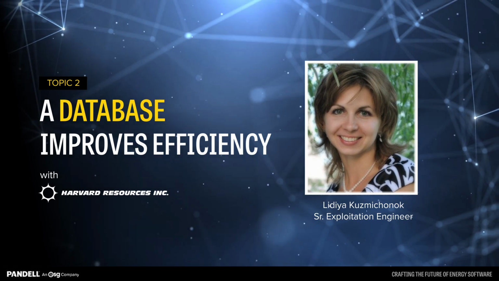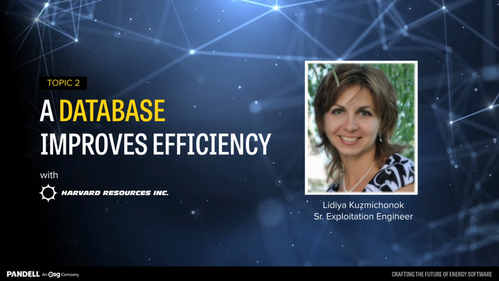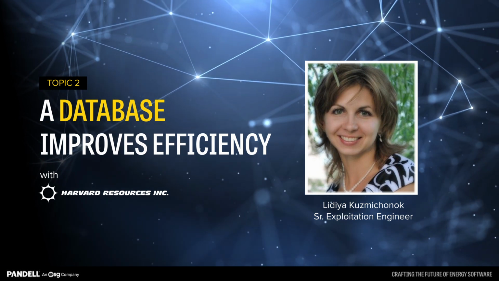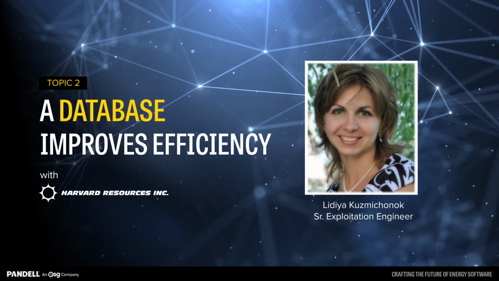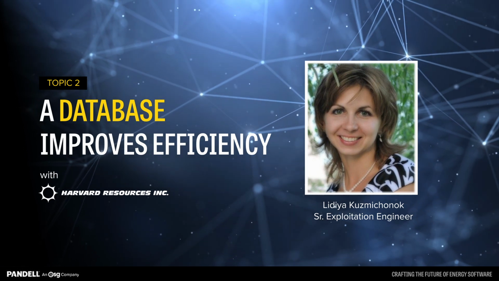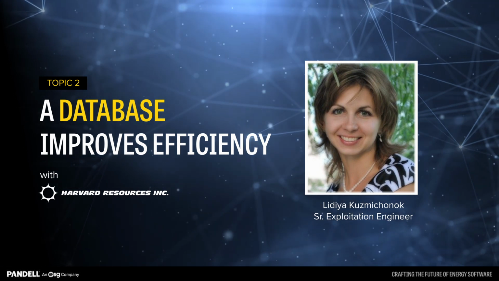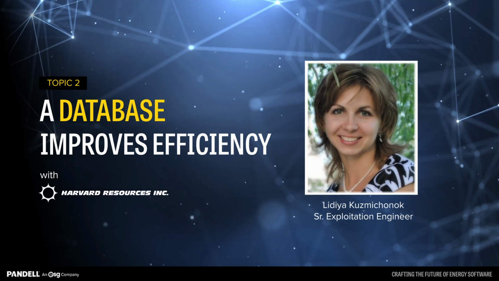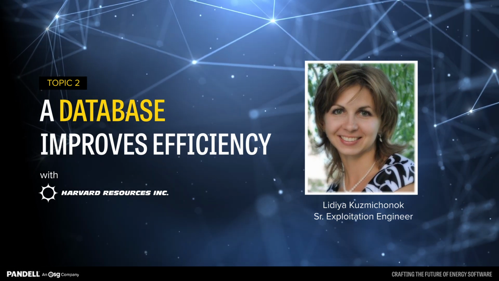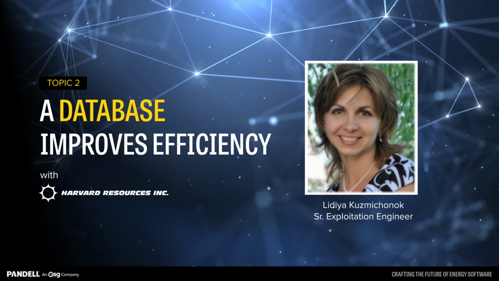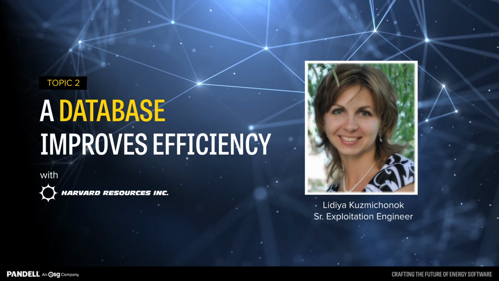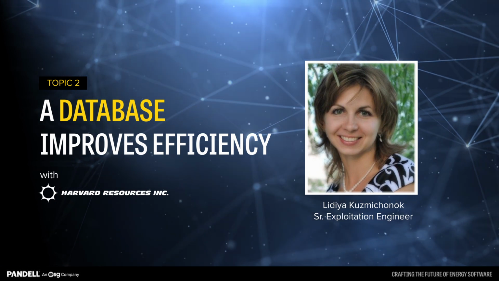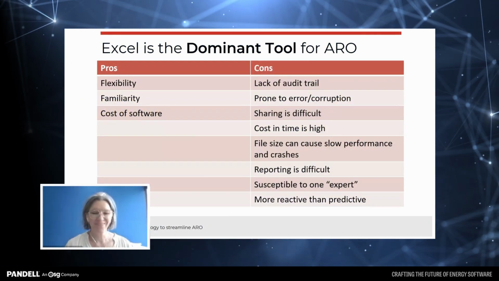We used to do it all in Excel spreadsheets, but it became really cumbersome and very complex. So XI ARO is really handy and reduces time spent updating data and generating reports for different needs: for financial purposes, for insurance, for internal needs, and A&D activities as well. So yes, it's really helped us in a big way.